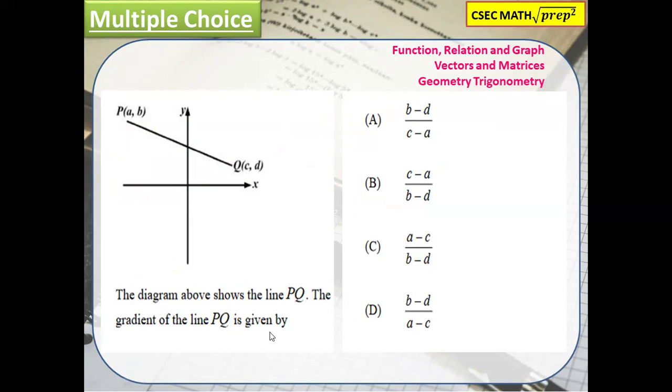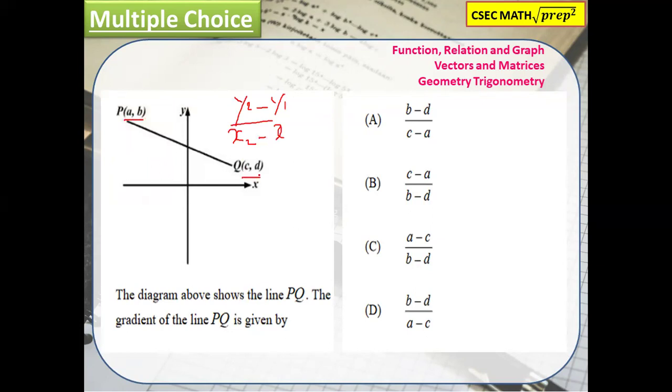All right, and the diagram above shows the line PQ. The gradient of PQ is given by. Now, if you remember, the gradient is the measuring of the slopeness of a line, and it's y2 minus y1 over x2 minus x1. The trick with this question is normally we would say x1, y1, x2, y2.